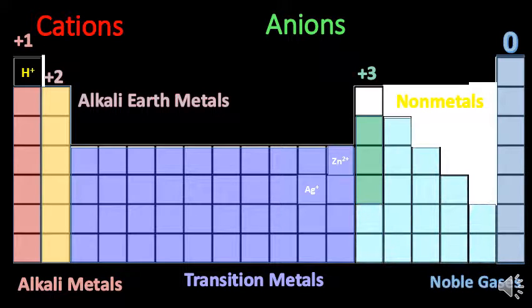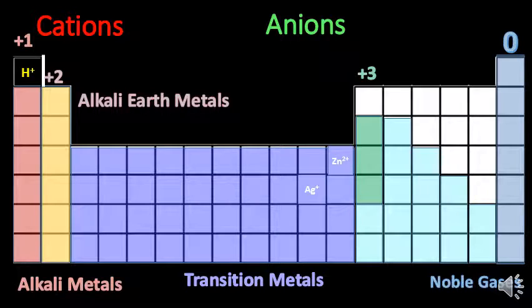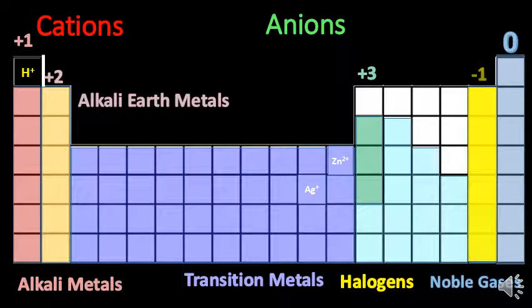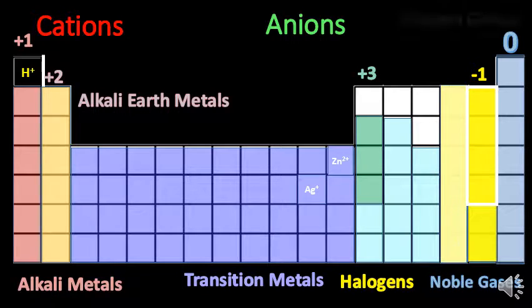Now, let's focus on the anions for a minute. And those other light blue ones behave kind of like transition metals. But here's what you need to know. The halogens. But I don't mean all of the halogens, I just mean the first 4 halogens. These guys are always -1. That's fluorine, chlorine, bromine, and iodine. Then in the oxygen group, not all of them, but just the first 3 are -2.